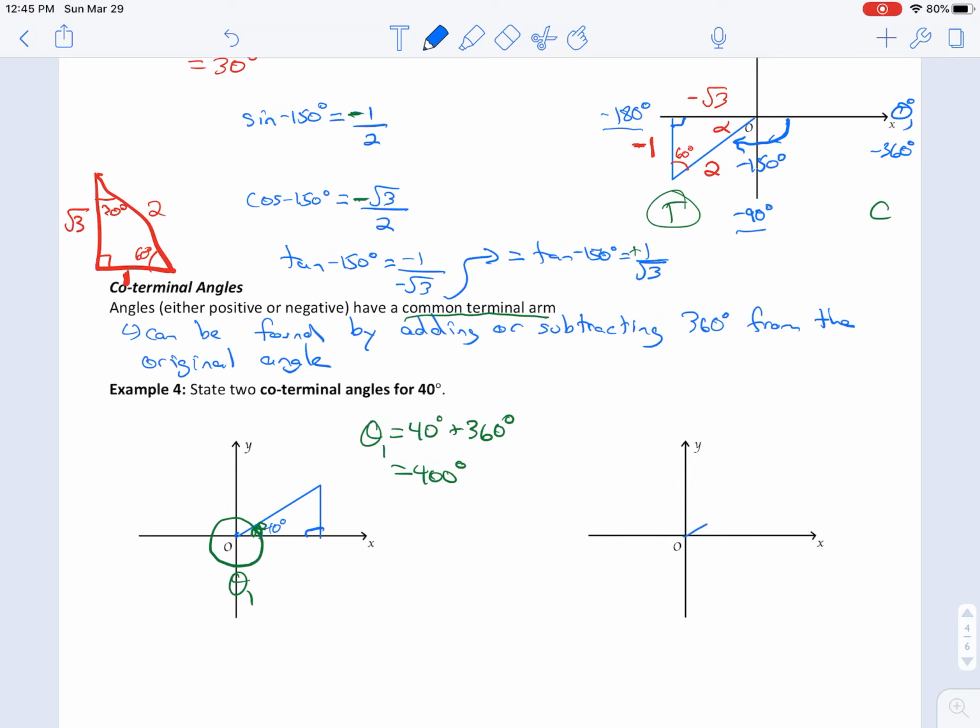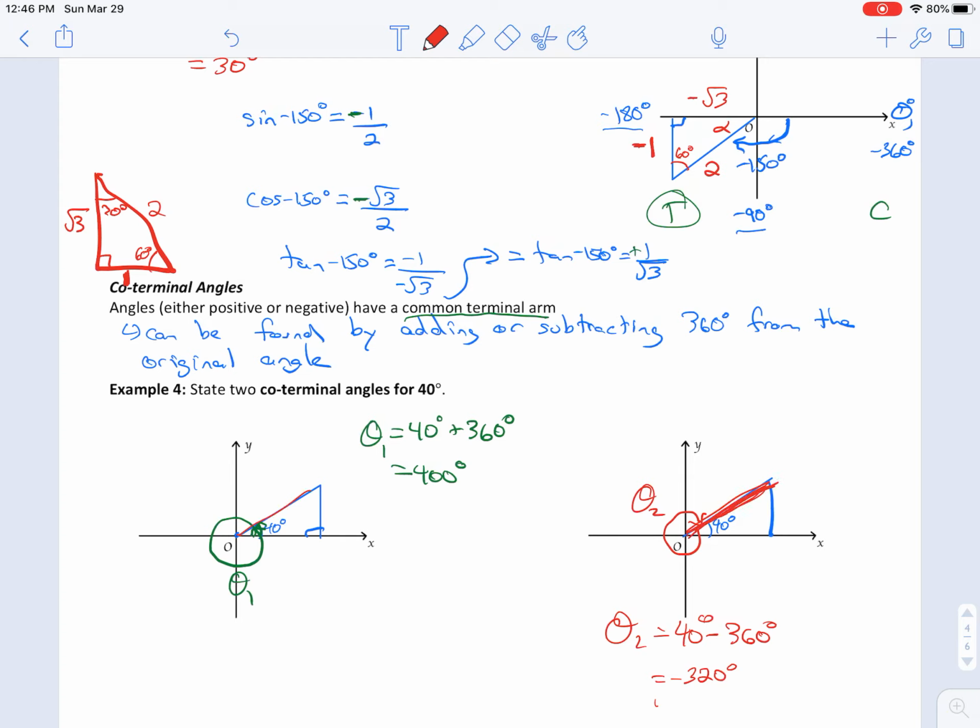Another one could be you go in the opposite direction where you subtract 360. So again, here's 40. Now I would start at 40 and subtract. Let's change colors. I go like this. Let's call that theta 2. Theta 2 is just 40 minus 360. So I end up with a negative angle, but it still has the same terminal arm as 40.